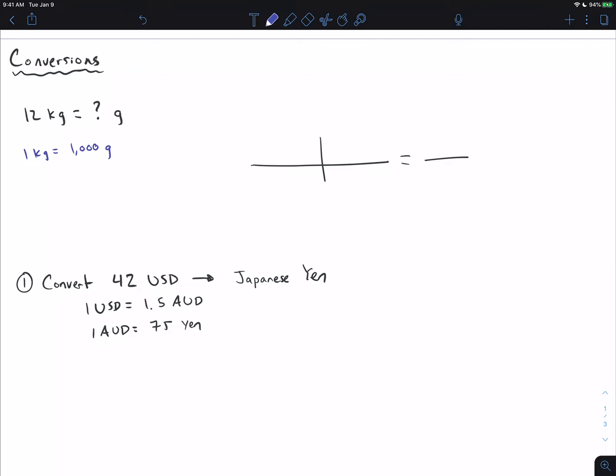So what I have, okay, I have 12 kilograms, and here, it's divided by nothing, right? So if I told you that we had 12 over 16 kilograms, then you would put a 16 down here, but there's nothing down there, so it's just going to be 12 kilograms, or if you want, you can put a 1. There's just a 1 divided by 1.